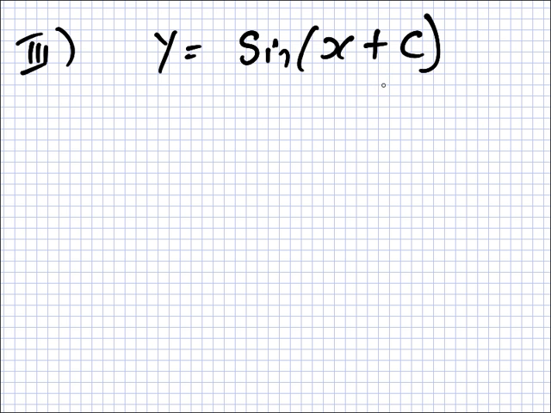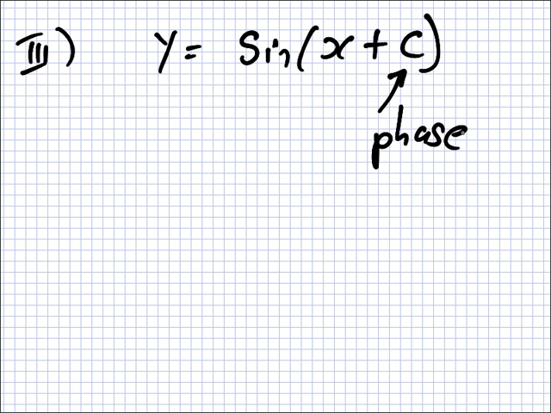If you're looking for the physics word that refers to the C, it has an effect on what's called the phase of the graph. Right, so the A has an effect on the amplitude, the B has an effect on what's called the wavelength, C has an effect on what's called the phase. So does anybody know how this affects the graph? What do we mean when we say the graph's phase is affected?